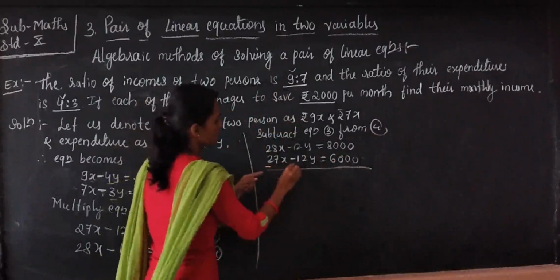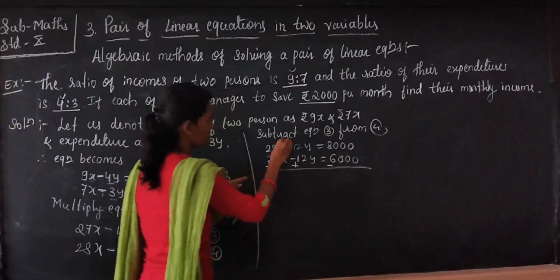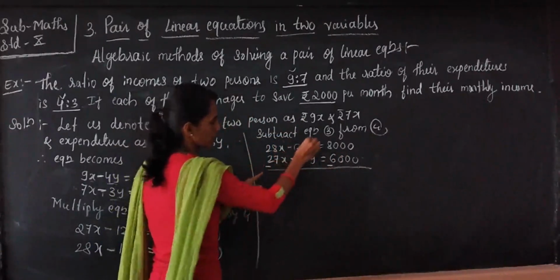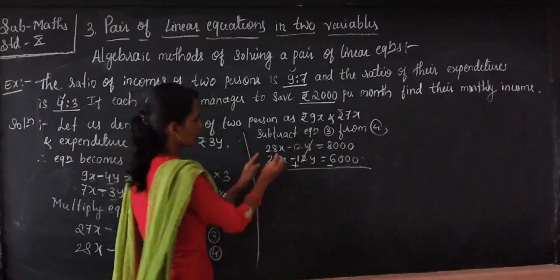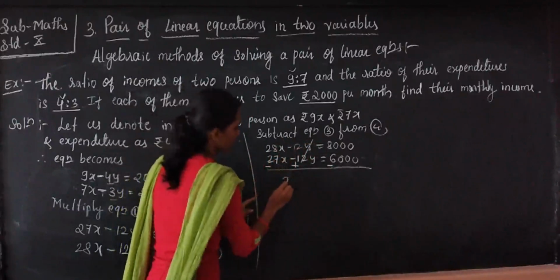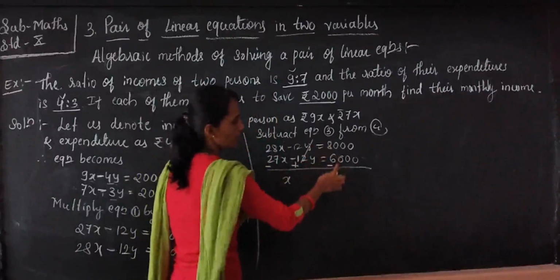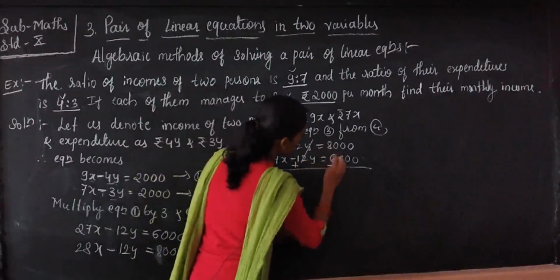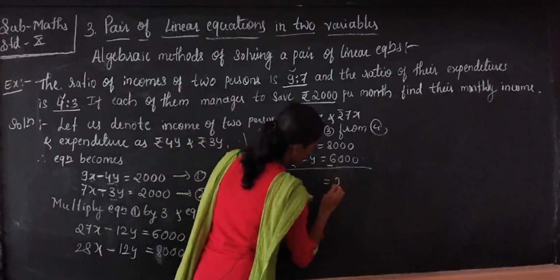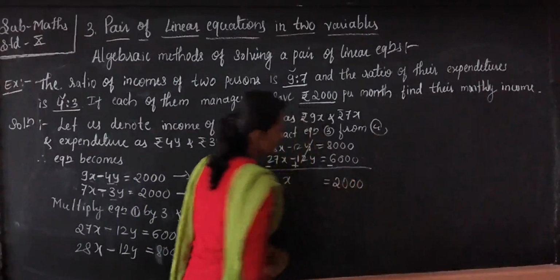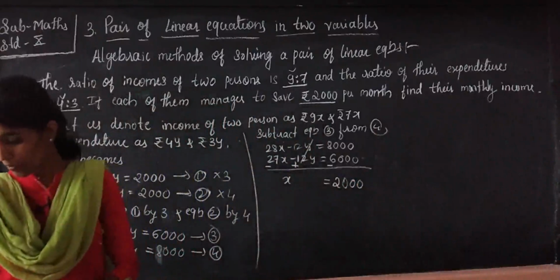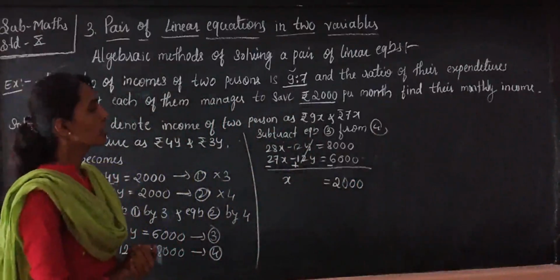So it becomes minus, plus, minus. Here 12y on both sides will be cancelled. 28x minus 27x gives x only. 8000 minus 6000 gives us 2000. So the x value we got is 2000.